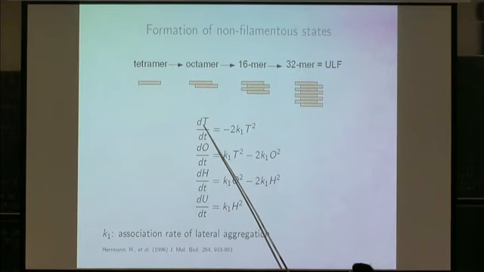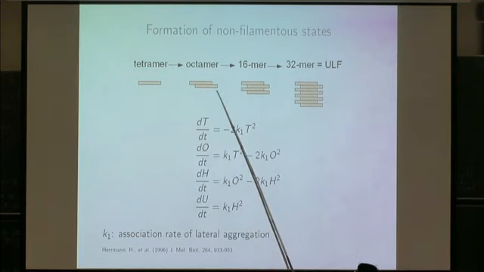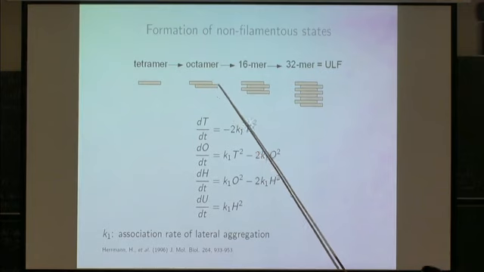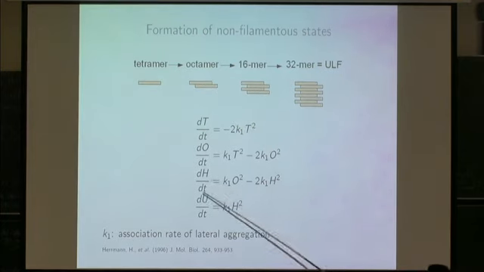First we are going to have the tetramers, the T's, that are going to laterally aggregate to form an octamer, and after 2 octamers form a hexamer, and finally what we call the ULF, unit length filament. And the unit length filament is going to be the building block for the filament.